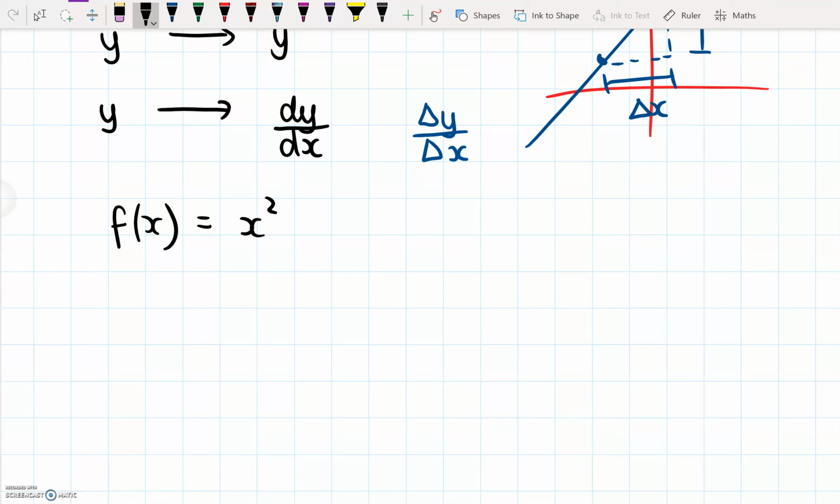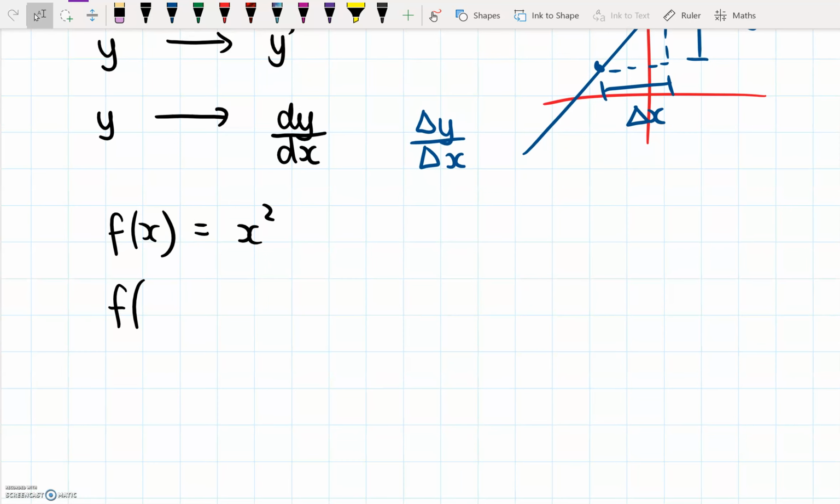So that means we have, for example, the function of, instead of just an x being inside, we have another function. So f(g(x)). You can see, and I'll do this in another color, that we have another function inside the first one.